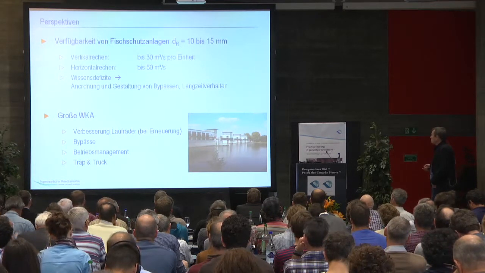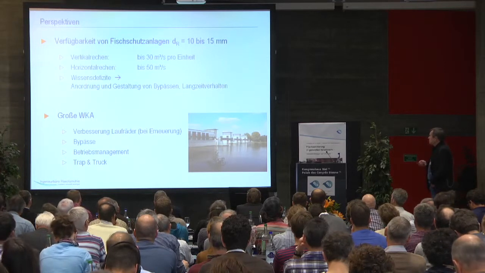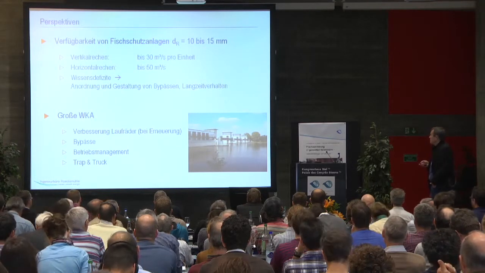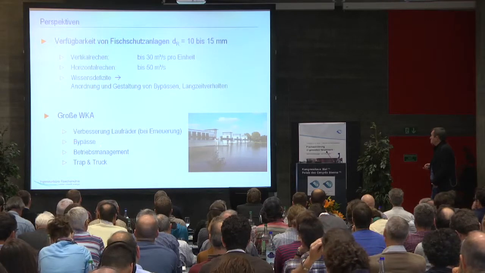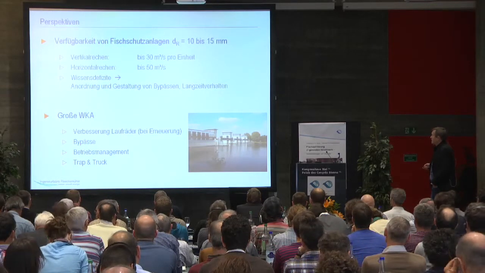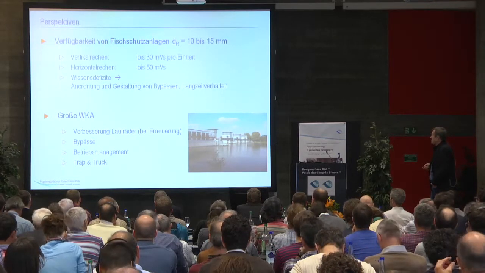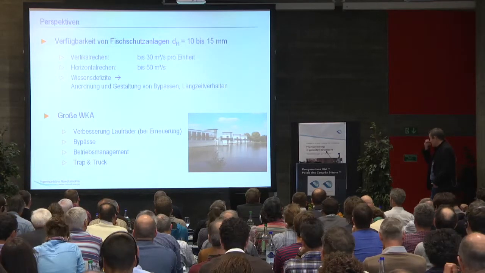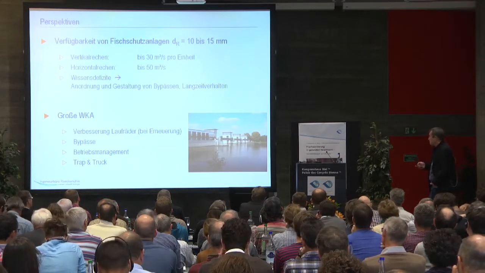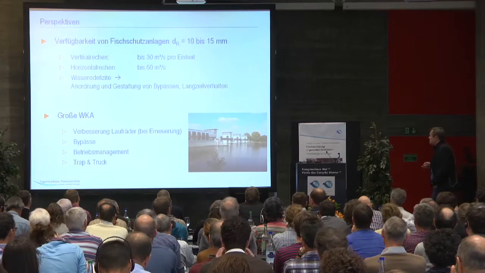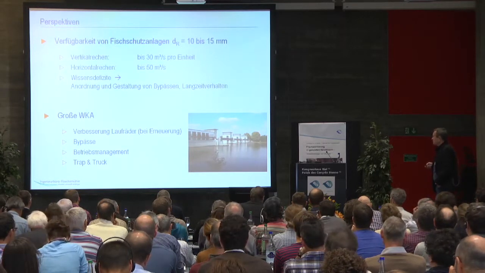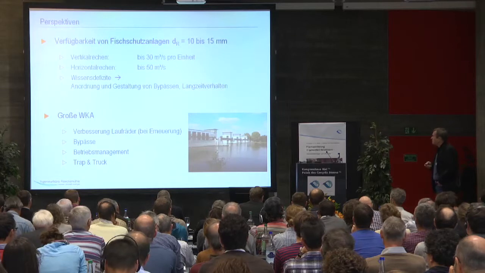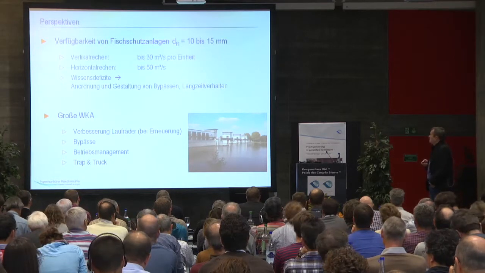At the moment, for large hydroelectric power stations, we rather recommend fish-friendly turbines or better runners or different alternatives for bypasses, irrespective of the protection technology you use. Operational management could also be a solution.